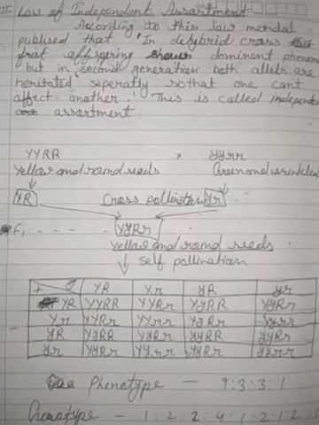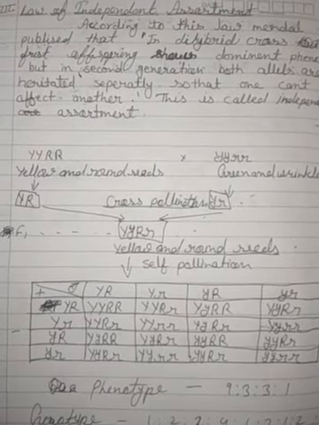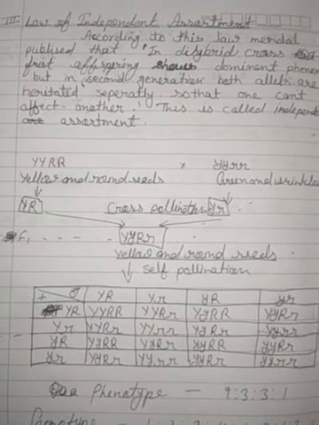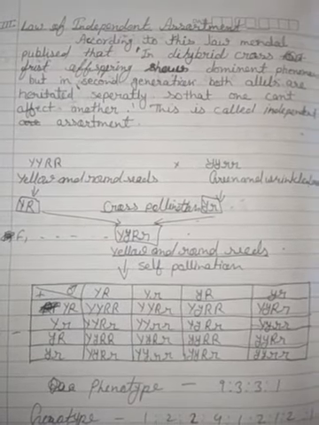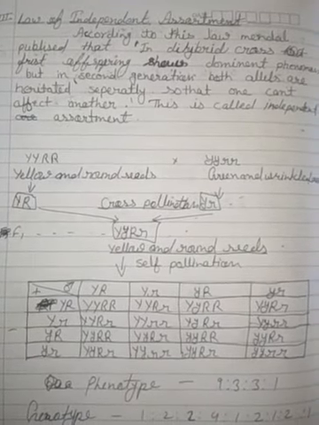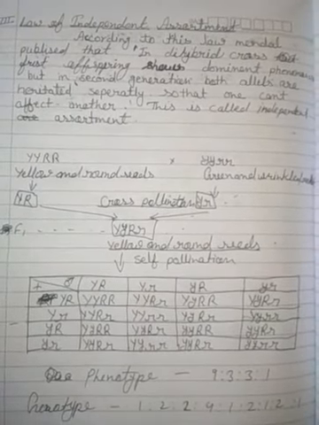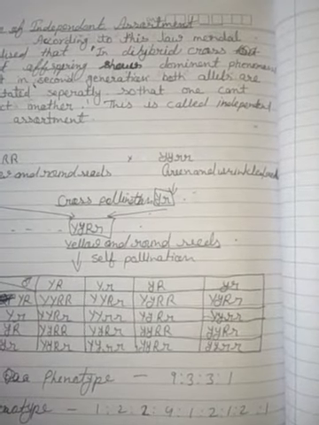Capital Y and capital R are the yellow and round characters of seeds. This is the dominant character, and on the other side, for cross pollination, small y and small r signify green and wrinkled seeds.